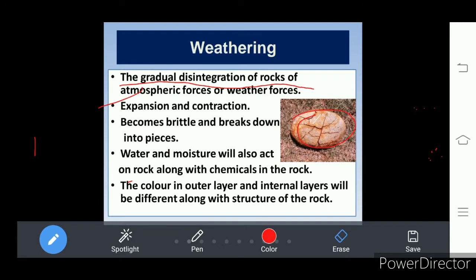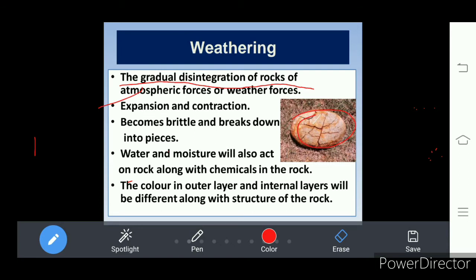So what are the stages in the weathering? In the weathering we find the rock is expanded and contracted. So when something is expanded and contracted, what will happen? We find it gets what? Brittle. That means cracks will come, and those cracks are enlarged by the chemicals present in the rock.